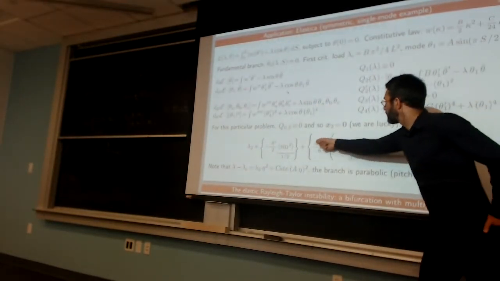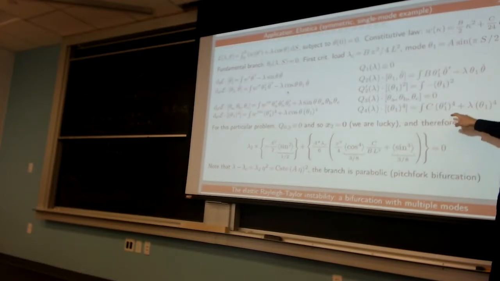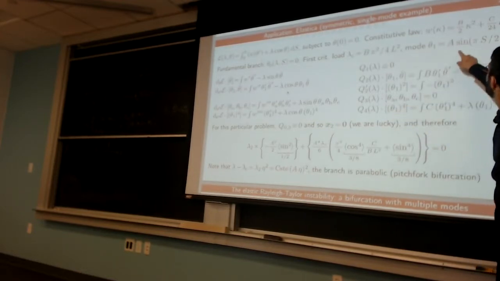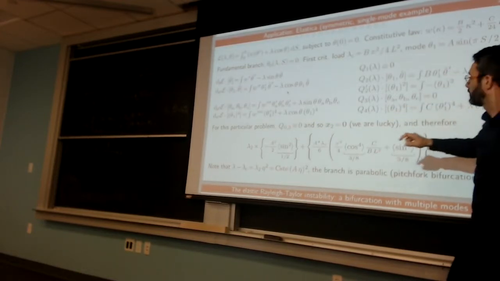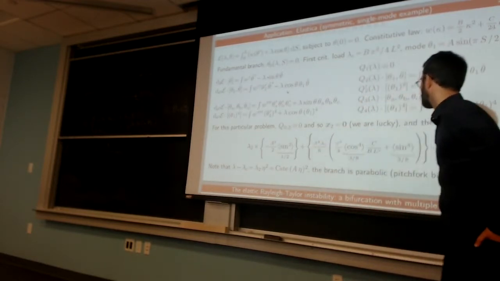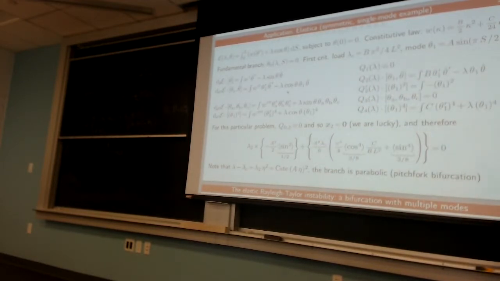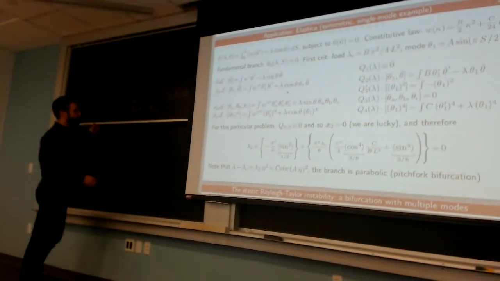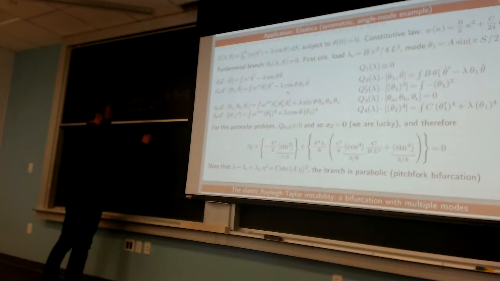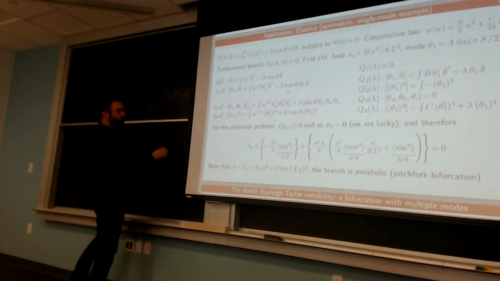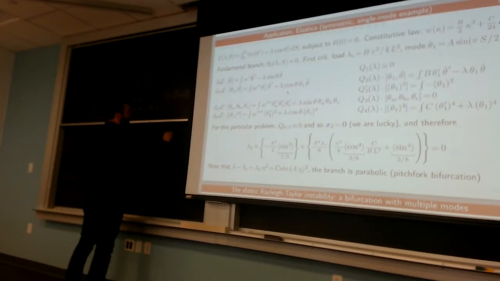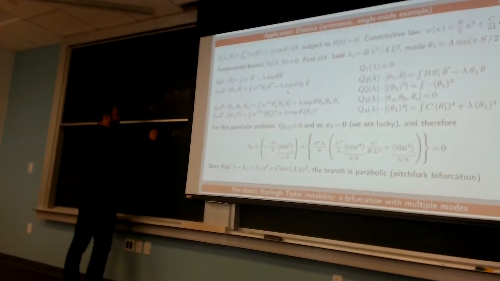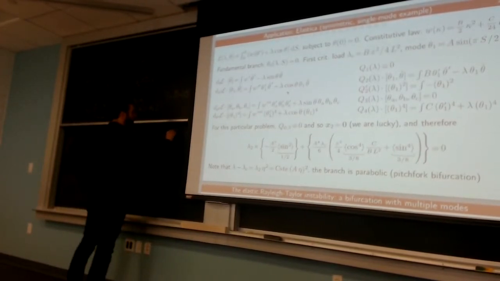And this is Q4, which takes 4 arguments, so it's the fourth power of A. And at the end of the day, you get this equation, which is typical for symmetric bifurcation. This is lambda2 A squared plus some coefficient times A to the fourth equals 0. So it's usually presented by dividing by A.